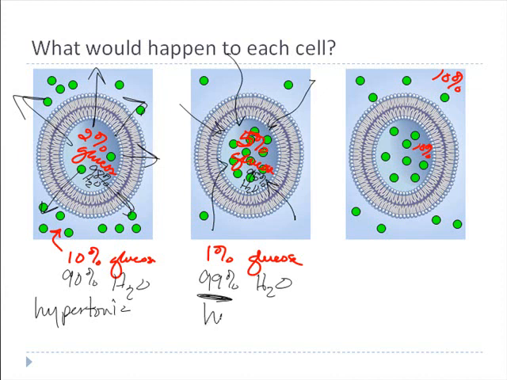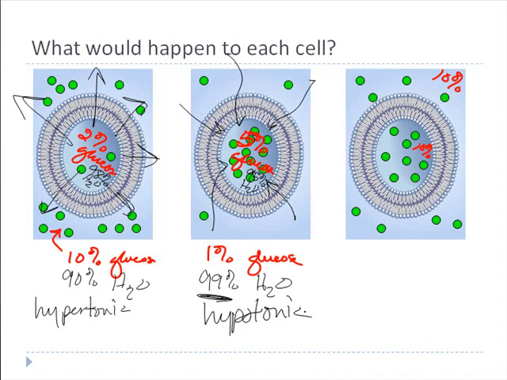And any solution that causes a cell to swell, we call a hypotonic solution. The way I think of this is a hypotonic solution makes a cell swell up like a hippo. A hippotonic, a hypotonic solution. Okay, corny, but if it helps you remember it, use it.